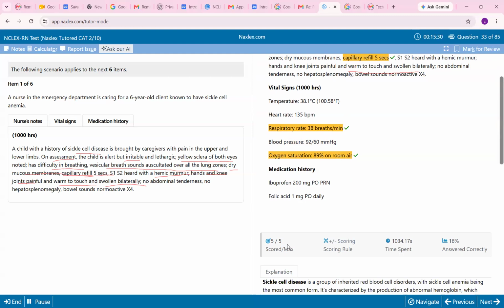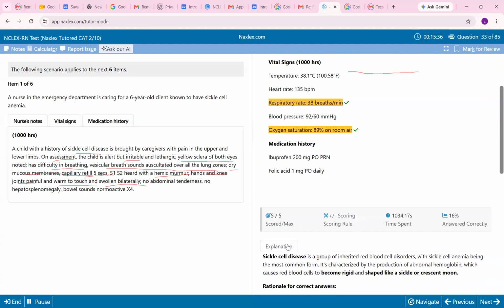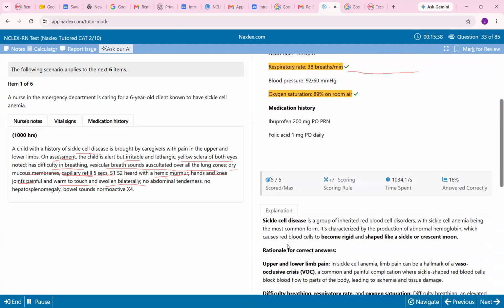The beginning was slightly confusing because most of the symptoms are associated with sickle cell crisis. Yes, that is the point here. If the client is complaining of severe pain, mostly there will be pain, but see the difference here.